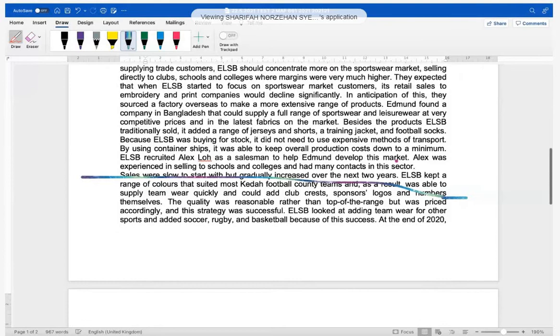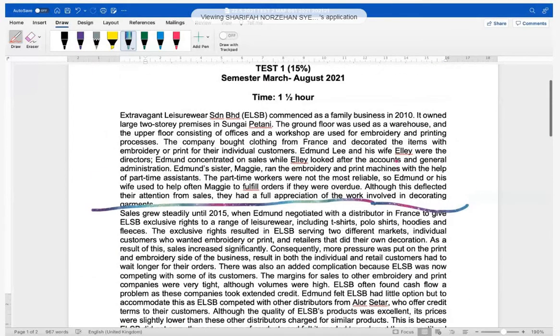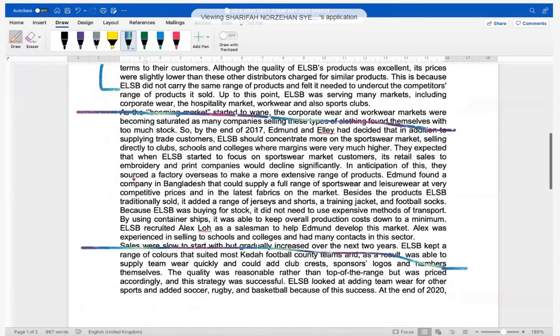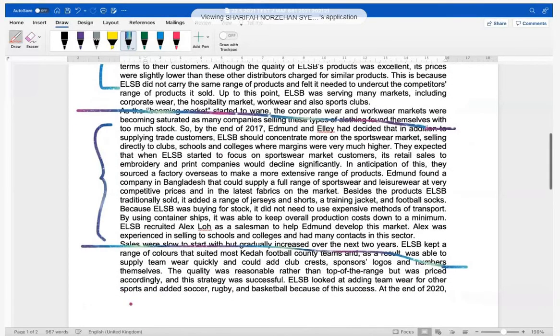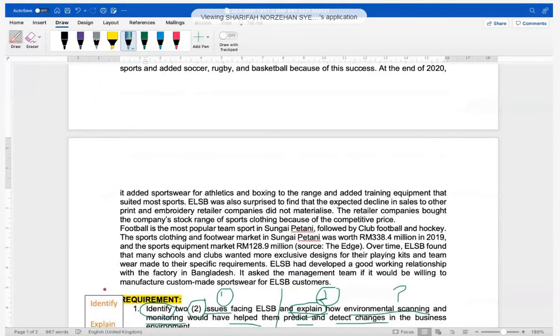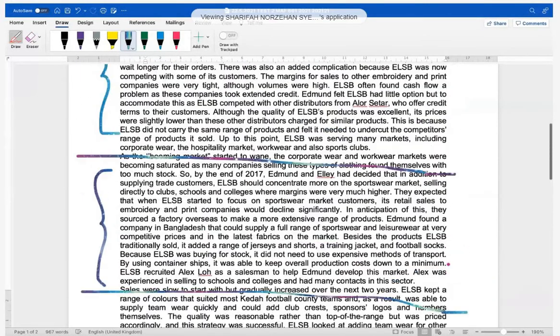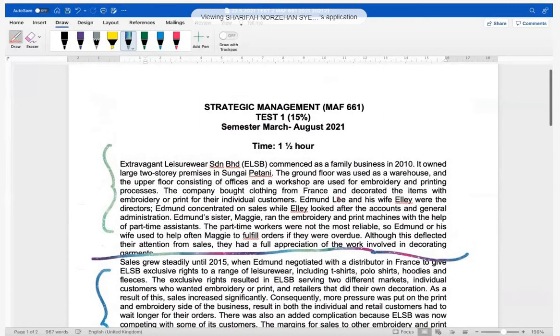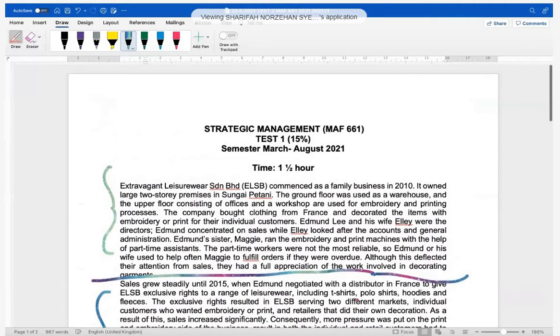So at least you are looking at this part, bit by bit, pieces by pieces. When you read this, start to jot down something here.